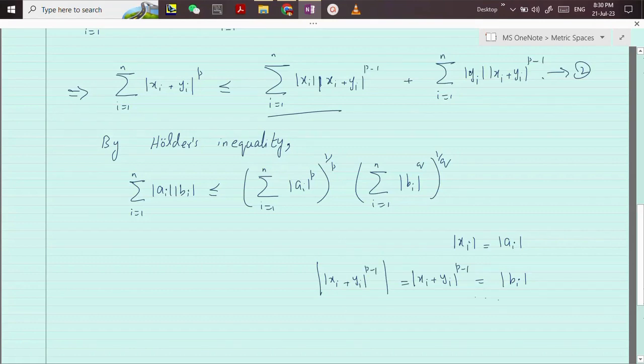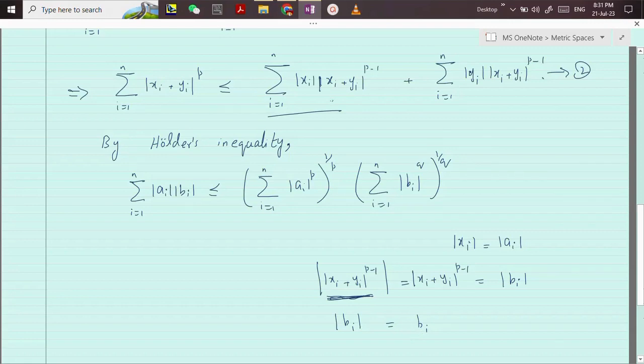So this is our bi, it means that if this is our bi, then |bi| is the same as bi.